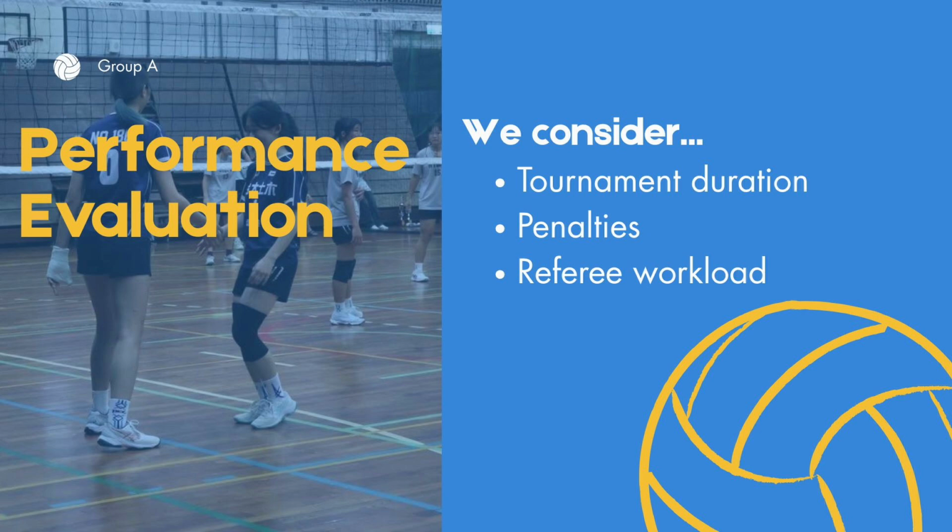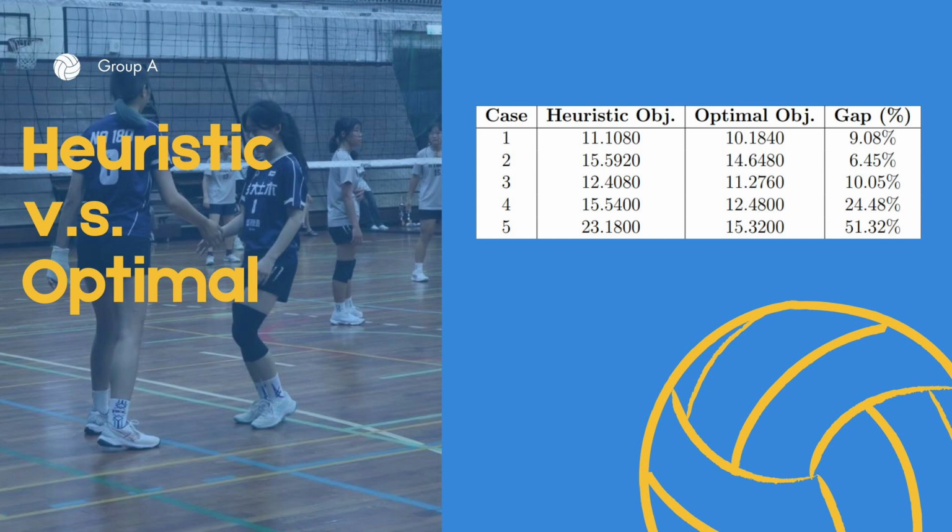To measure performance, we used a combined objective value. This includes the tournament duration, or maxspan, penalties for constraint violations, like assigning semi-available referees, and referee workload imbalance. We want fair distribution. We calculated the optimality gap by comparing heuristic and naive results to the optimal solution from Group B. Let's look at how our heuristic compares to the optimal solution.